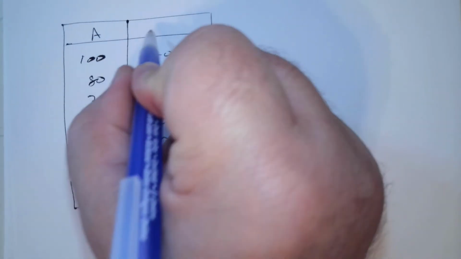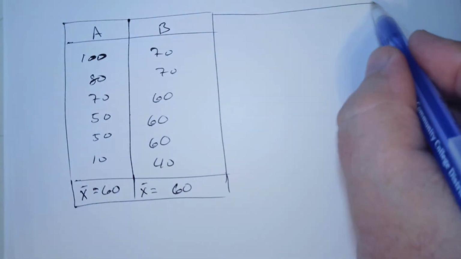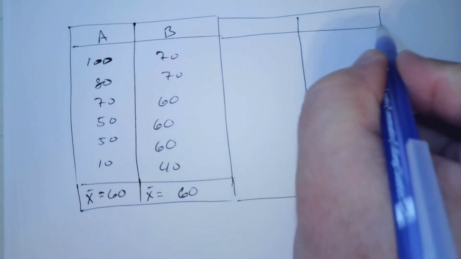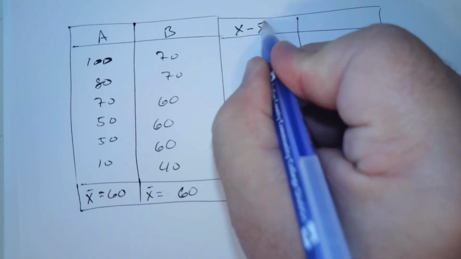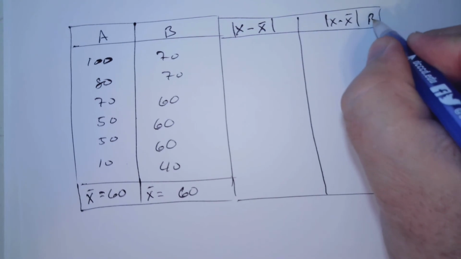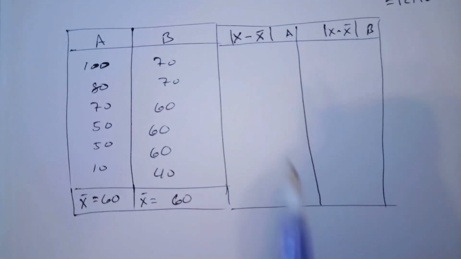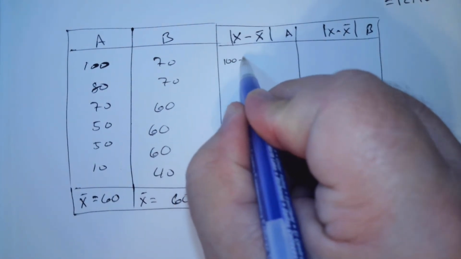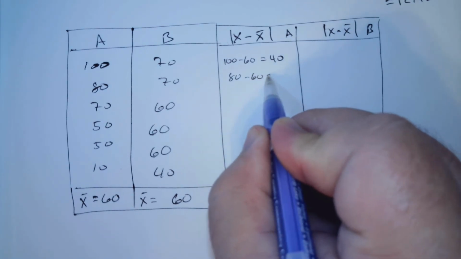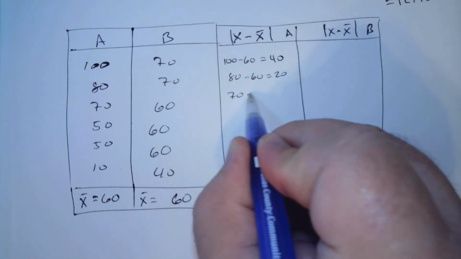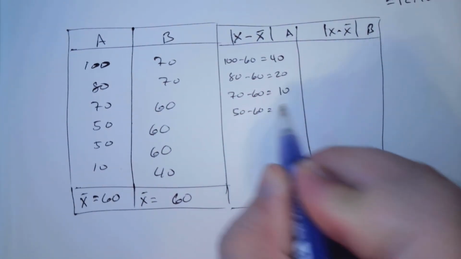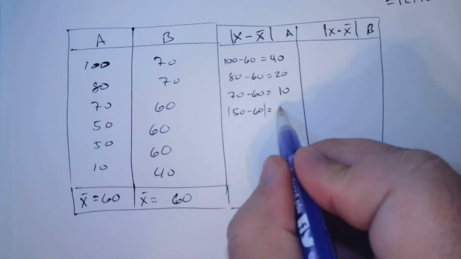So this is set A and this is set B. Now this is where we do the absolute value of x minus x bar. This is for set B, this is for set A. So 100 minus 60 is 40. 80 minus 60 is 20. 70 minus 60 is 10. 50 minus 60 is negative 10, but we take the absolute value of it, so it's 10.